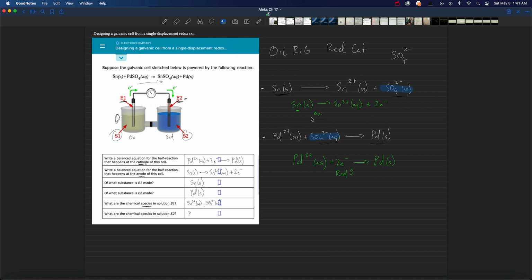Same over here, Pd2+ aqueous and SO4 2- aqueous, because that's what we have on this side. We don't include the electrode, so we're just including these ions in the reduction S2 solution.